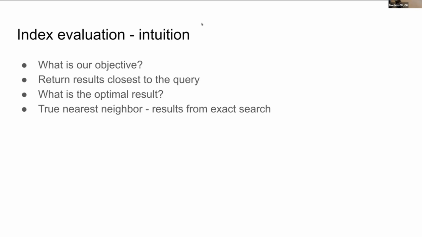So this may be counterintuitive, but if we are building a product with vector search, we don't actually care whether the search engine returns results that are of good quality, because the machine learning model would need to take care of that. We, as the engineers providing the search solution, only care if we provide results that are as close to exact search as possible.